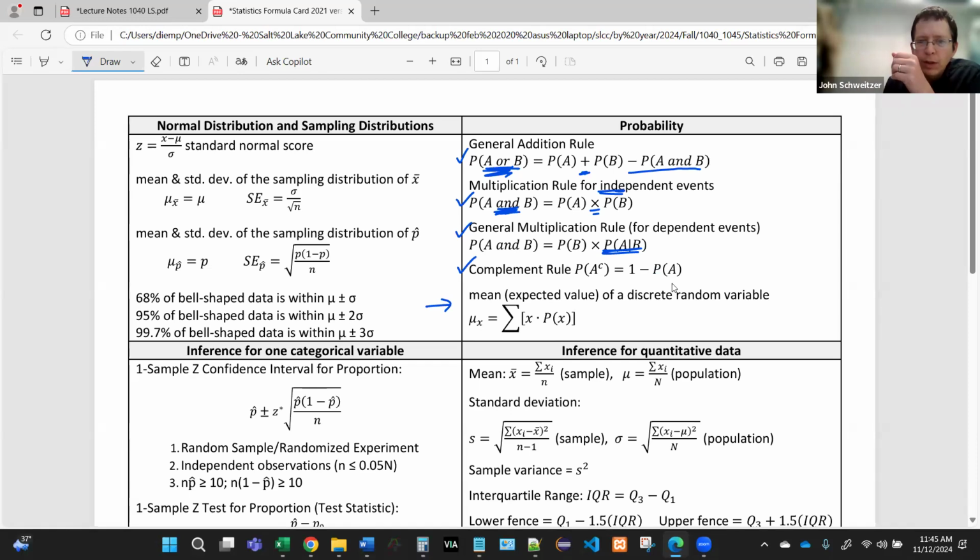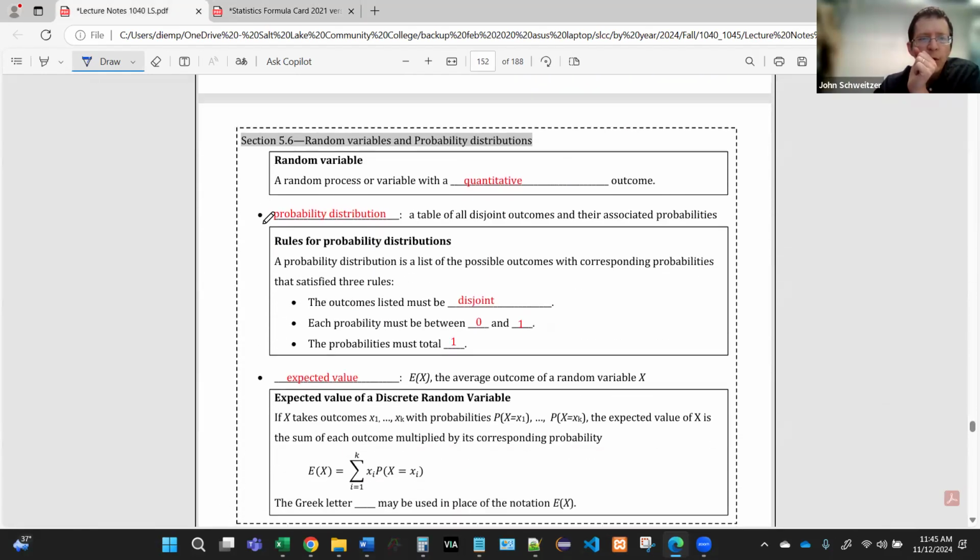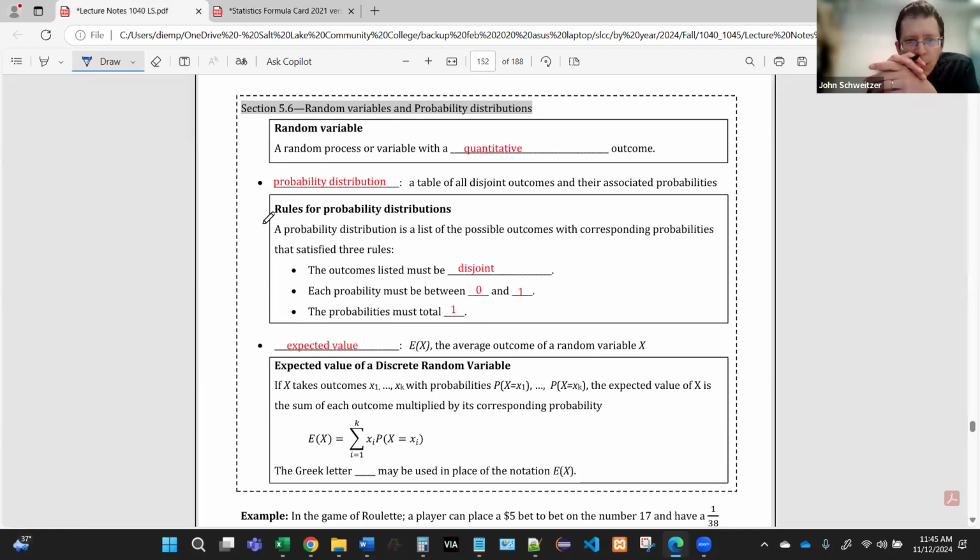So what does expected value sound like? It sounds like a mean, right? We're going to have a random variable, which we'll define in a second, and then we want to find the expected value of that random variable. This will conclude our pure probability stuff, and then we'll get back into stats.